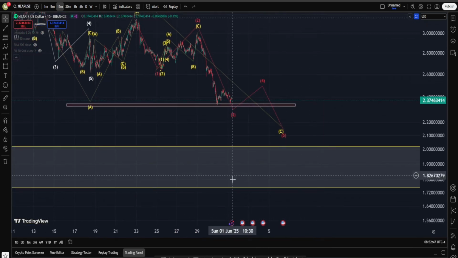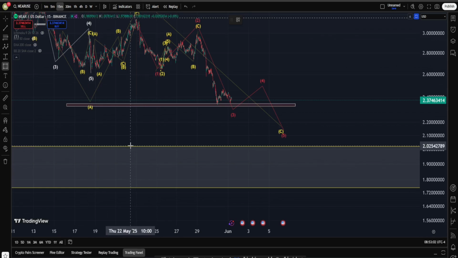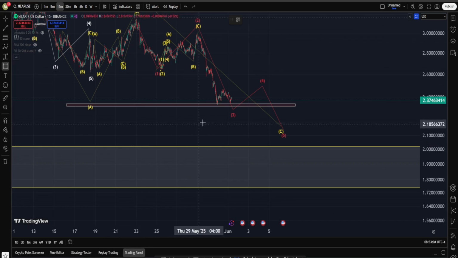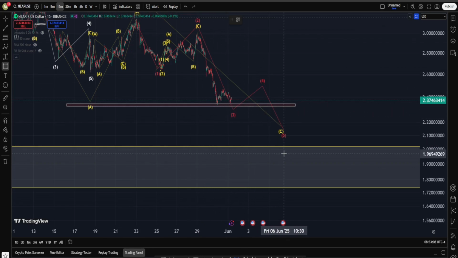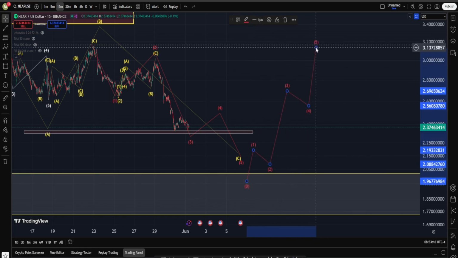And in that scenario, you can expect a continuation of this move to about the next important support, which is all the way down here, about the higher band of this region, maybe about the $2 area. So the moment that we get a break of this, we can expect yet another 15% move on the downside. And then from here, we want to see a very strong bounce back, a 1, 2, 3, 4, 5, without a lot of overlapping of the waves, and that is kind of the key.